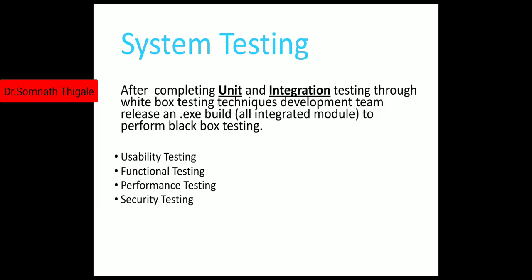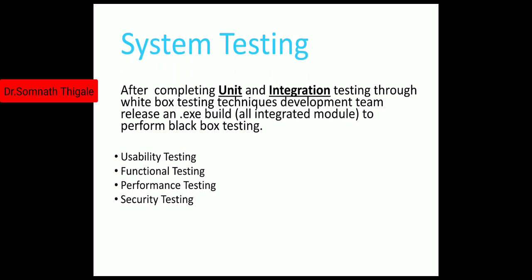The simplest example: I have one system, an ATM machine, which has different functionality like withdraw and balance check. Suppose I have selected withdraw, and that ATM machine took 1 hour to give you the money. Will you use that machine a second time? Definitely not. Which factor have you considered here? The response time of that ATM machine. So response time is measured as performance.